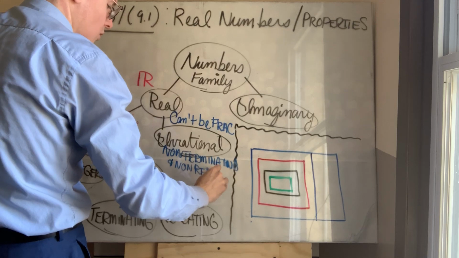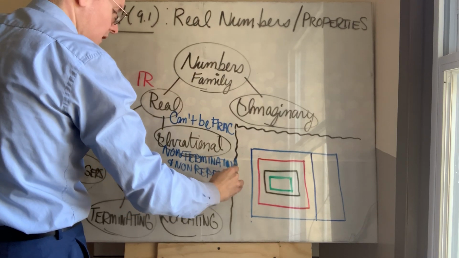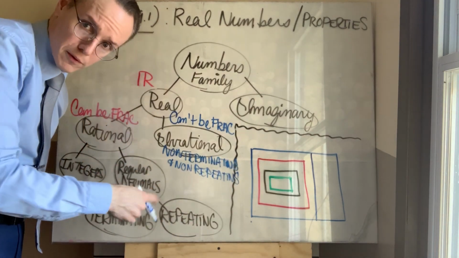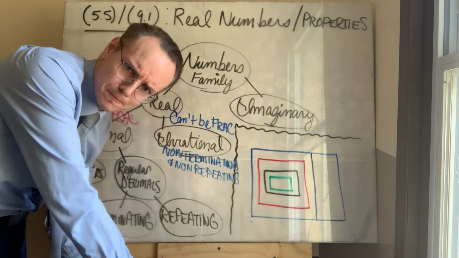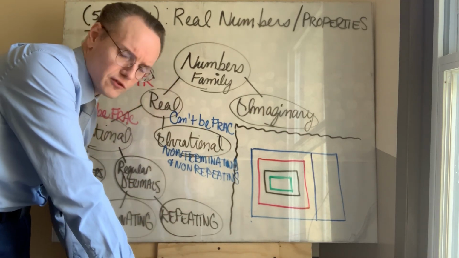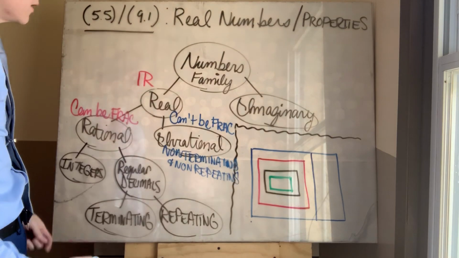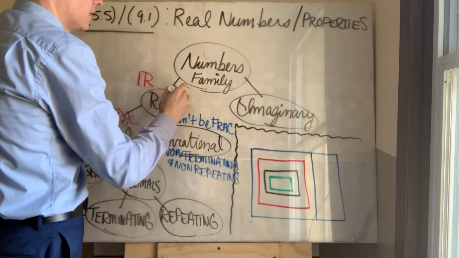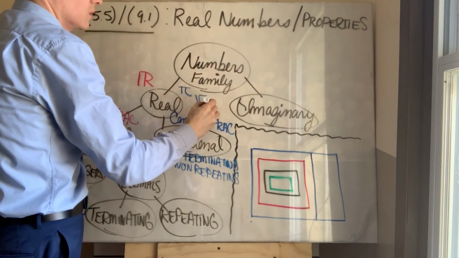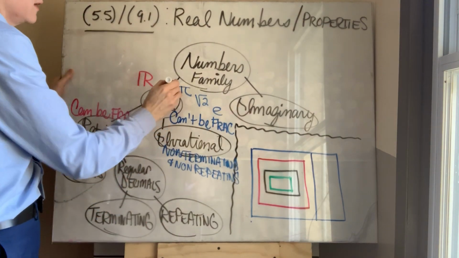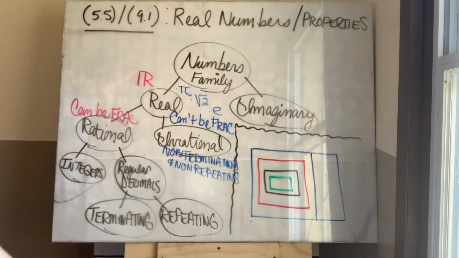Which means that they do go on into infinity as a repeater would, like 0.3333 goes into infinity, but they don't have an obvious pattern. All right, famously, there's pi, the square root of 2, and e. Right? These are irrational numbers.